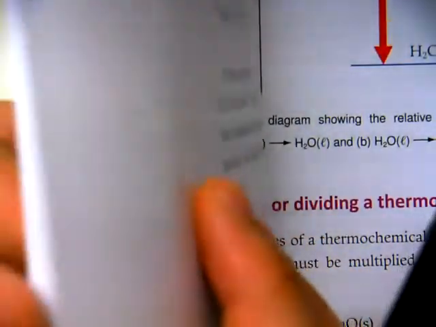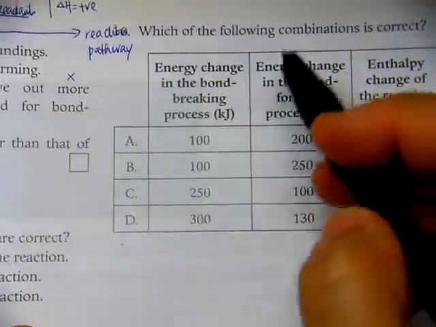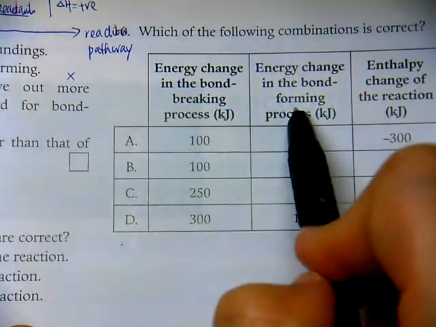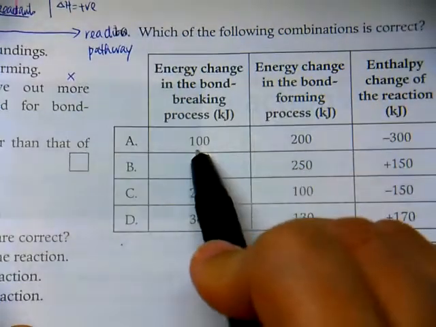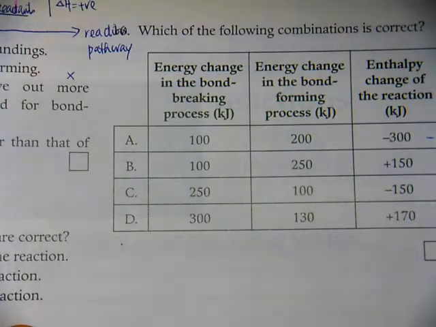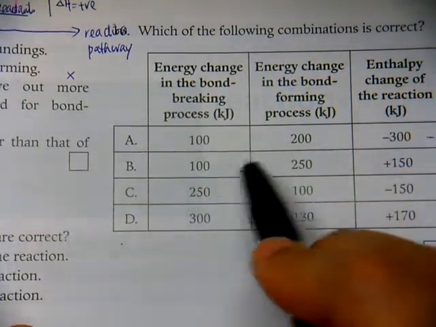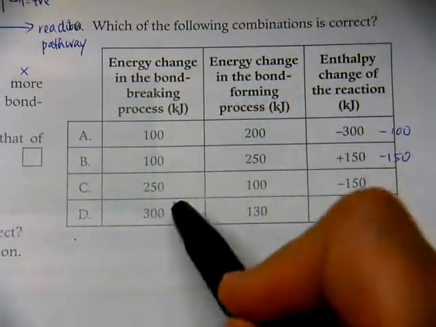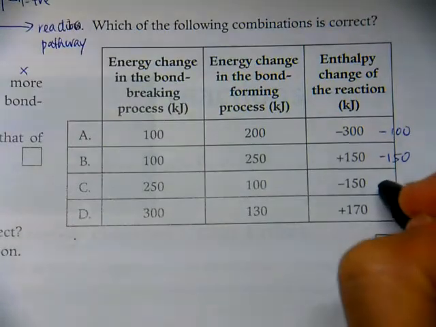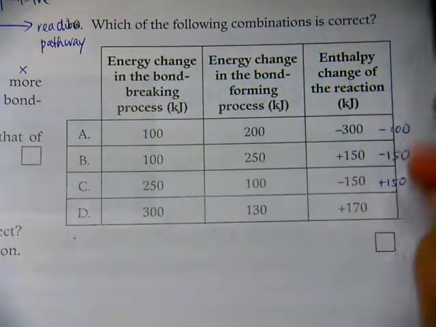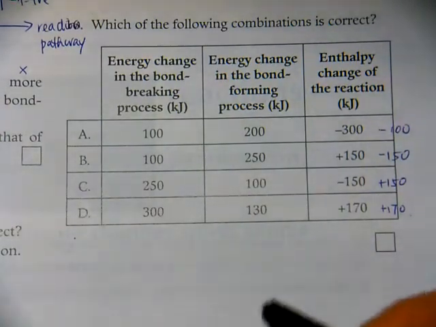Let's use this equation to understand this multiple choice. Energy change in bond breaking minus bond forming. Breaking minus forming. Okay? 100 minus 200. It is equal to negative 100. Therefore, A is wrong. This minus that is equal to negative 150. Therefore, it is wrong. This minus that is equal to positive 150. Therefore, again, it is wrong. This minus that is equal to plus 170.